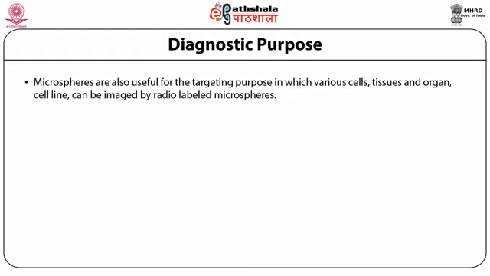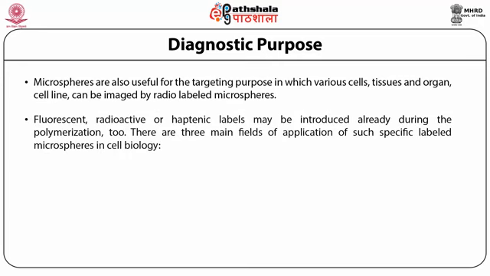The resulting spherical particles bear hydroxyl, carboxyl, amino, or other functional groups capable of covalent binding of proteins, dyes, or chemotherapeutic agents. Fluorescent, radioactive, or haptenic labels may be introduced already during the polymerization too.